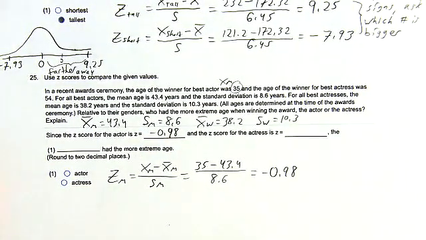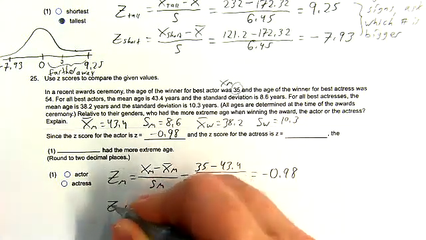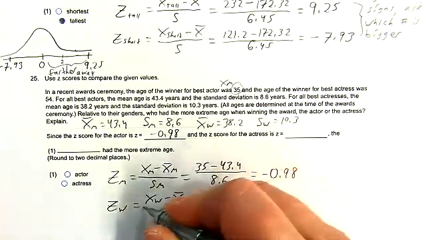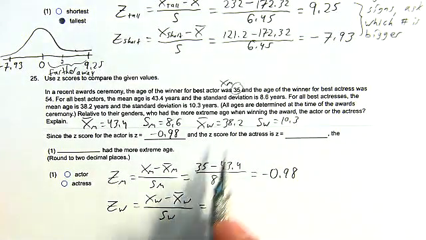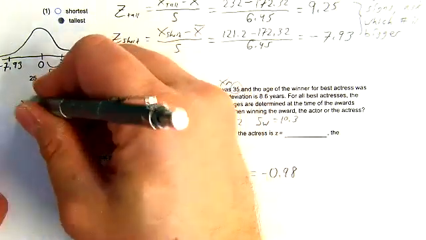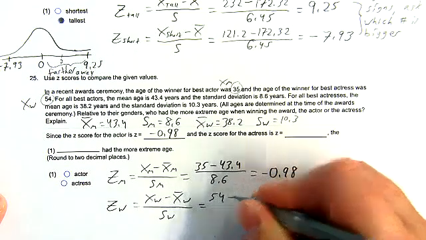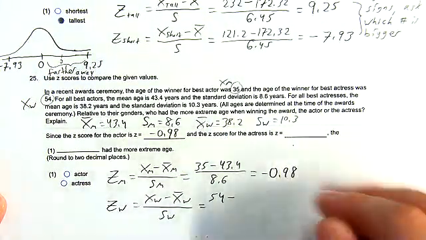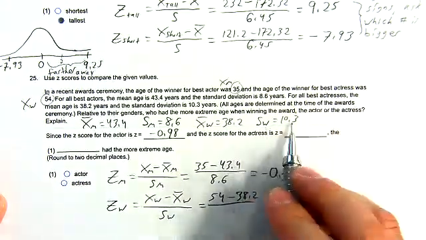For women, very similar calculation, Z women, X women minus X bar women over S women. The age of the woman in question for her award, she was 54. So that's X women. So we have 54 minus X bar women, 38.2, all over S women, 10.3.